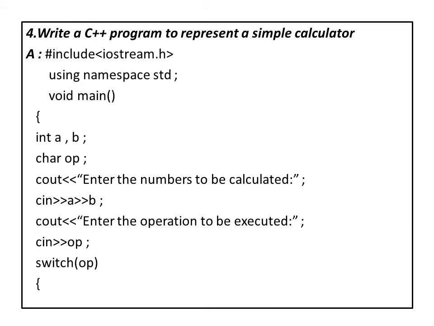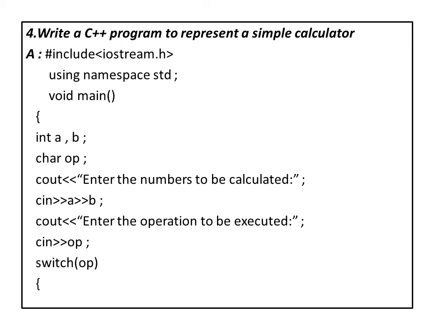Since the addition, subtraction and all are character case values, we declare char op, and next we'll enter the numbers to be calculated, cin a and b. Then we enter the operation to be executed, whether it's addition or subtraction, with the character, since the plus sign, minus, asterisk and all are character values.